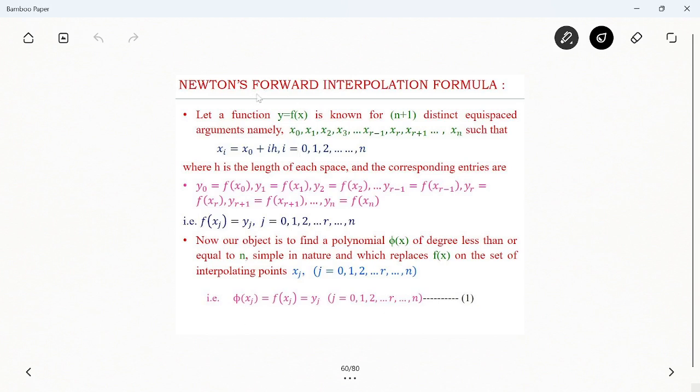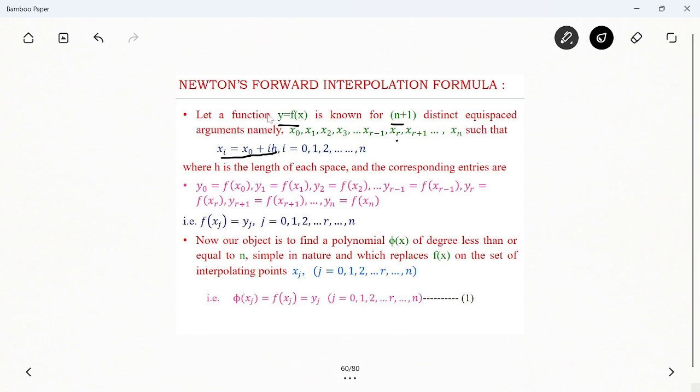Next, Newton's forward interpolation formula. So what is the formula? Let a function y equals f(x) be known for n plus 1 distinct equispaced arguments, namely x0, x1, x2, x3, x(r minus 1), xr, x(r plus 1) up to xn, such that we can write xi equals x0 plus ih, i equals 0, 1, 2 up to n. We know it.